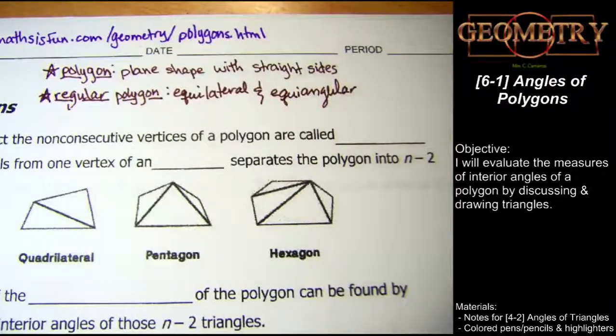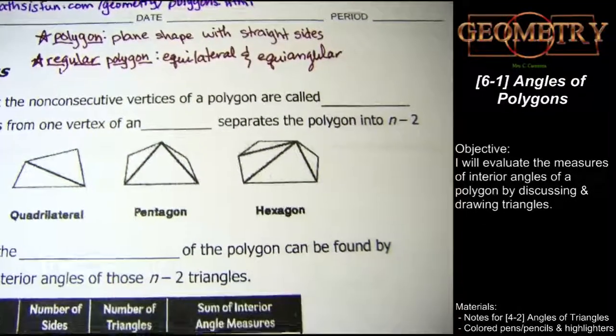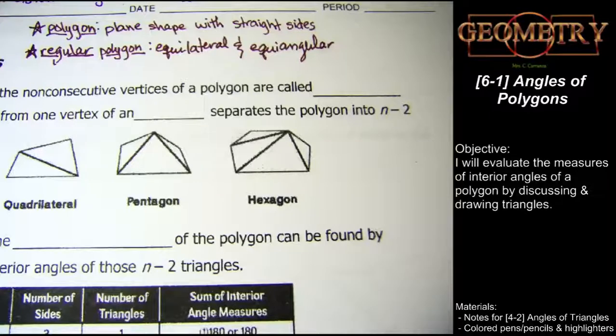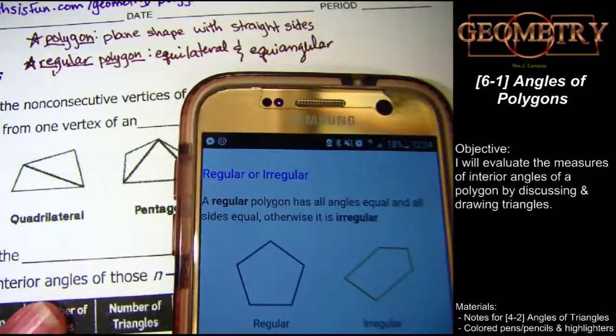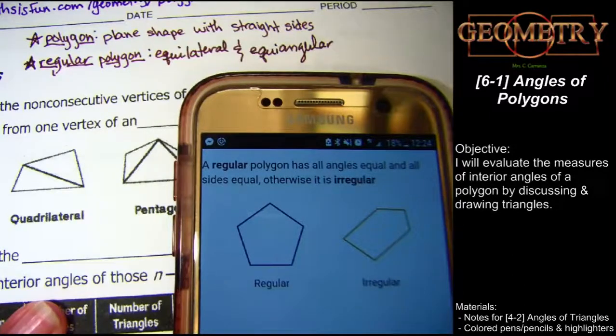So in the course of today, when we see an example that says such and such is a regular polygon, we mean all the sides are congruent and all the angles are congruent. Here are some examples of what it's going to look like. Otherwise, we'll call it irregular or just a polygon.